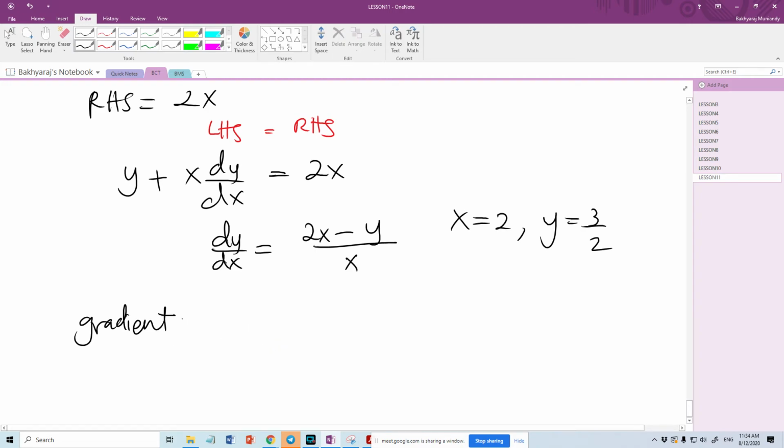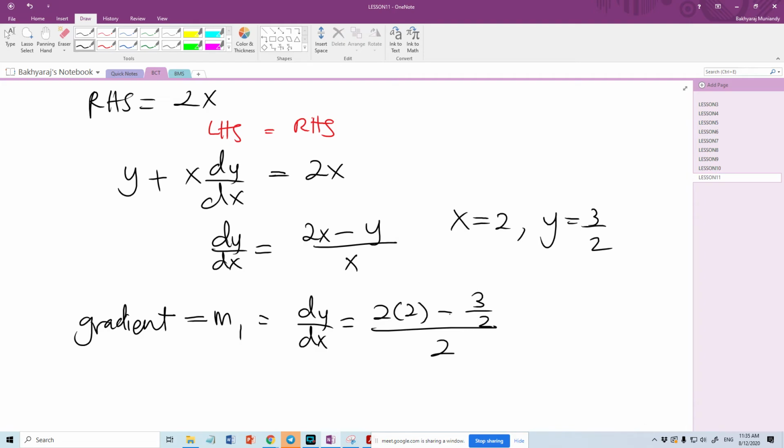First you need to get the dy dx. So actually m1 equal dy dx equal 2 times 2 minus 3 over 2 divided by 2. Remember, only first you must get dy dx. Mesti kena dapat dy dx. From get dy dx, then only you can go for m2. Dapatkan dulu dy dx dulu.